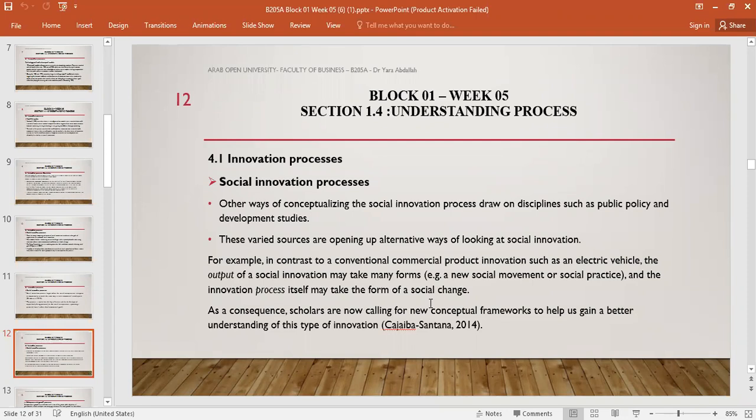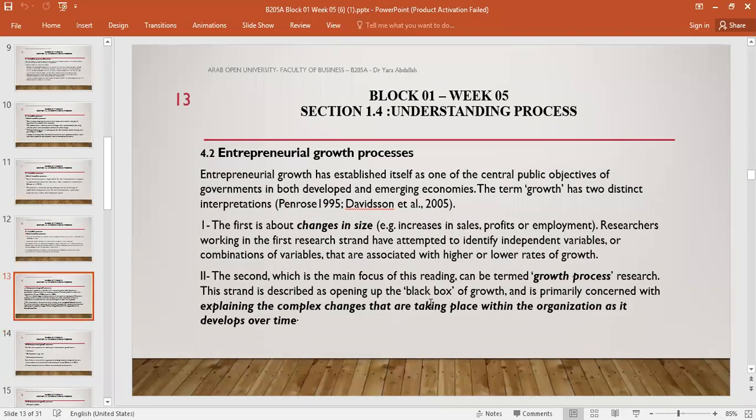And it is a kind of social change. Because here you invent this in order to make social change, in order to decrease the problem of rush hours, and so on. This is a social aim, not a commercial one.